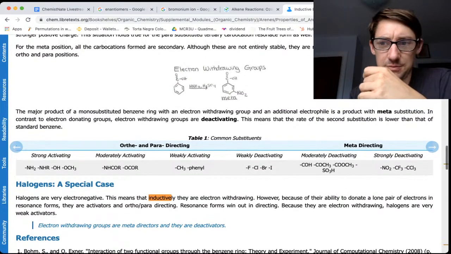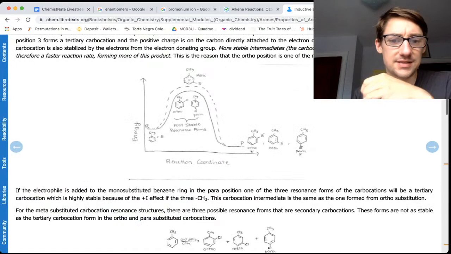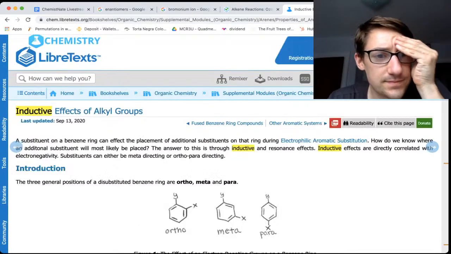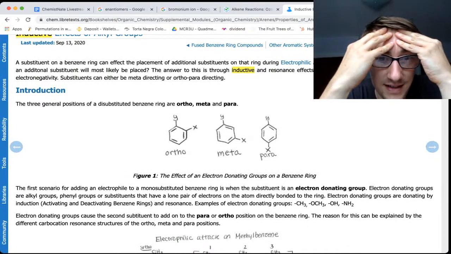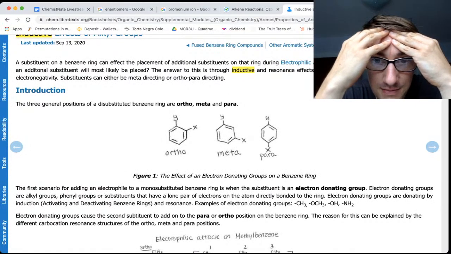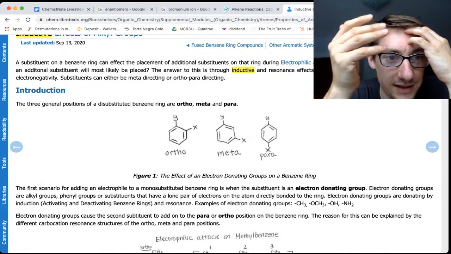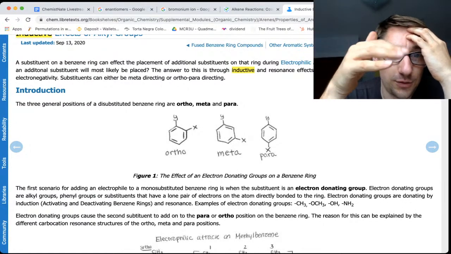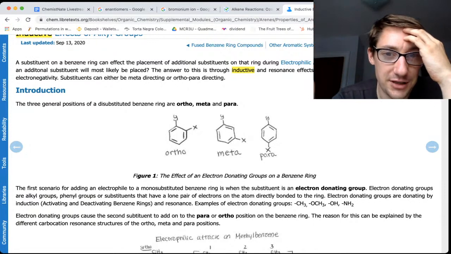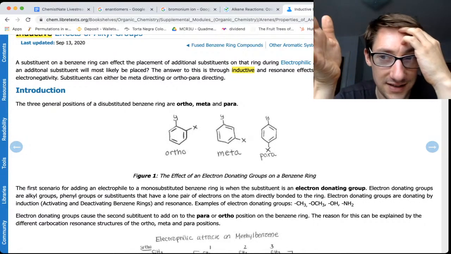This does not explain what inductive means. A substituent on a benzene ring can affect the placement of additional substituents. Okay, so if you've already got something attached, electrophilic substitution will give you something special depending on what that thing is.